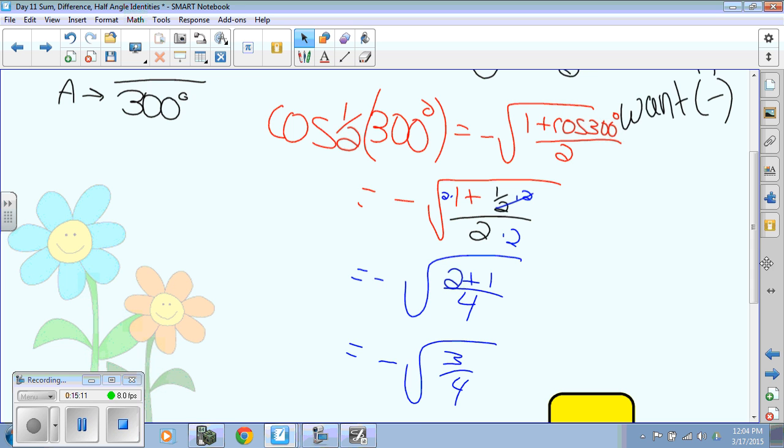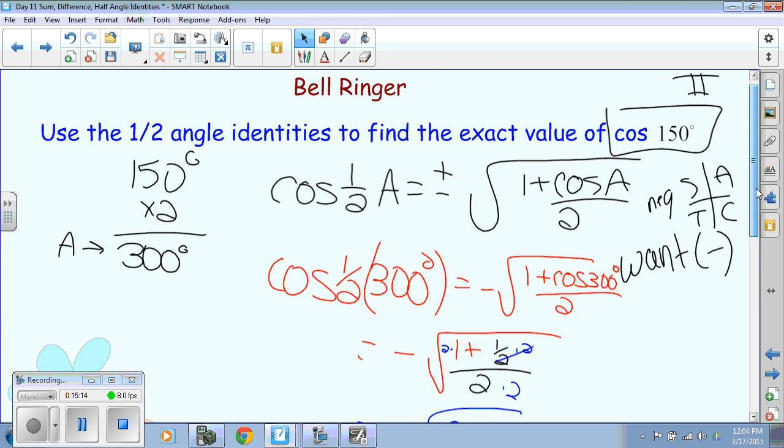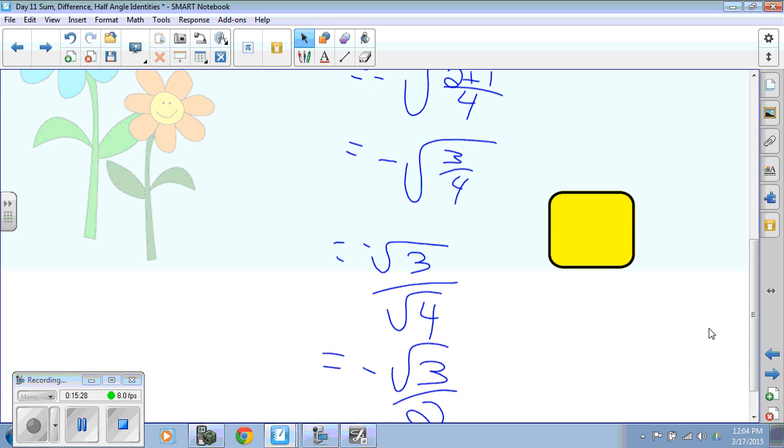Yeah, I would put it on the calculator. So go ahead on your calculator and find out what the cosine of 150 degrees is. Did you get negative radical 3 over 2? Well, look at that. Now here's the beauty. We know the answer is negative square root of 3 over 2. This is a multiple choice question on the Regents exam. You recognize that decimal, boom, you can circle the correct answer right away. If this is a 2 or 4 pointer and it says use half angles, then you're going to have to go through the method, unfortunately.